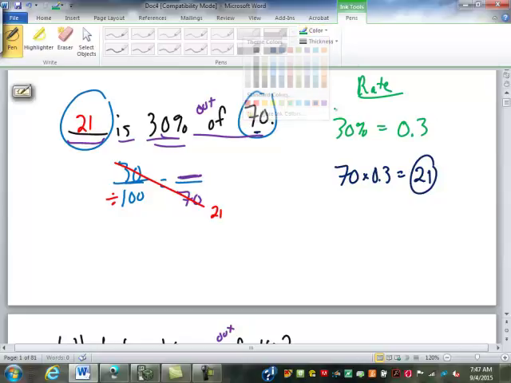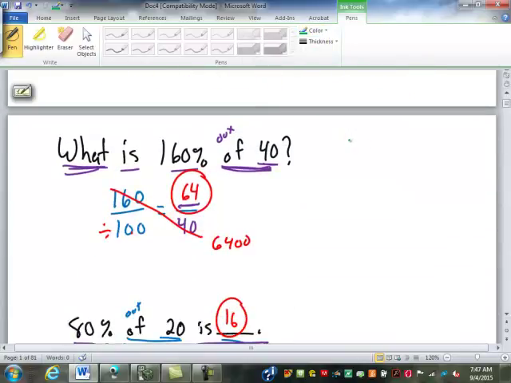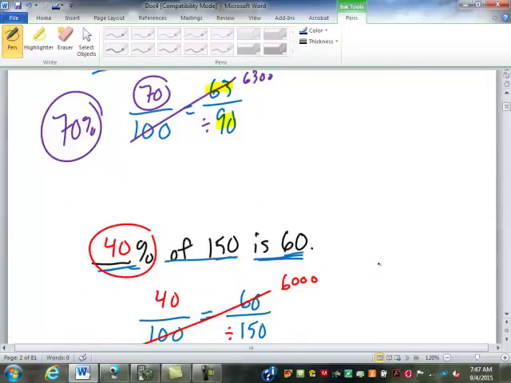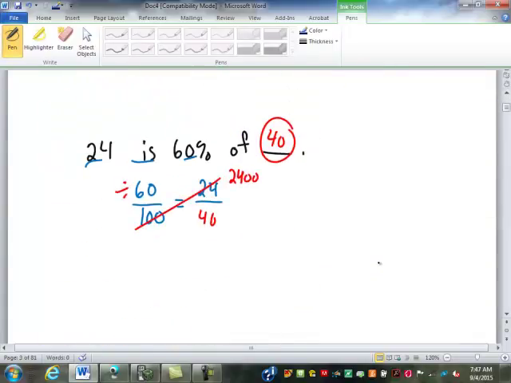Well, that seems really slick and quick. How about here? 160% would be 1.6 as a rate or a decimal. Take 40 times 1.6, I get 64. Again, I get the right answer, and it's really quick and clean, which is wonderful until, scroll down a few here, I get to one like this.